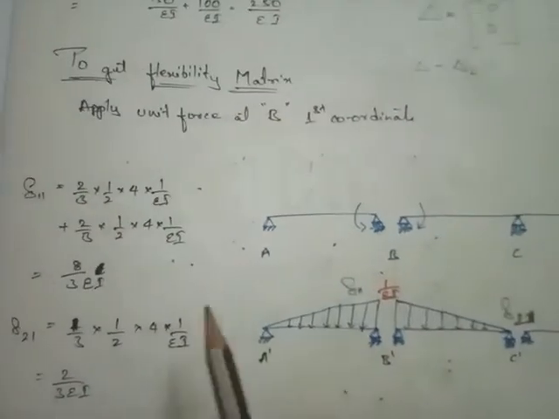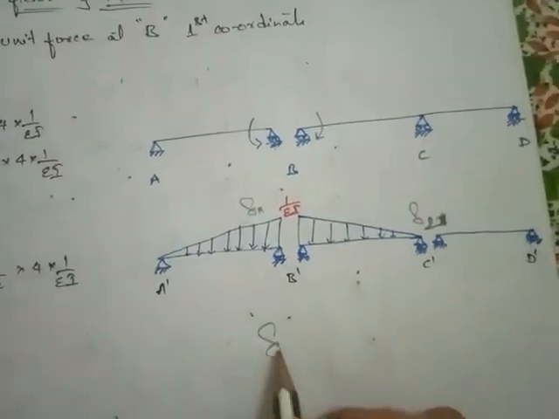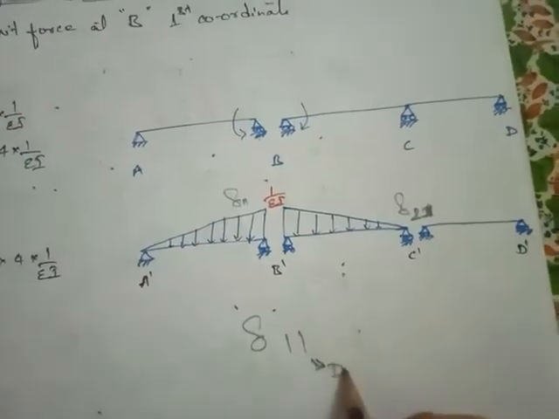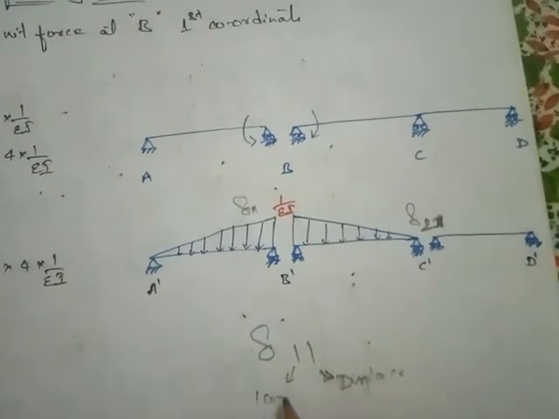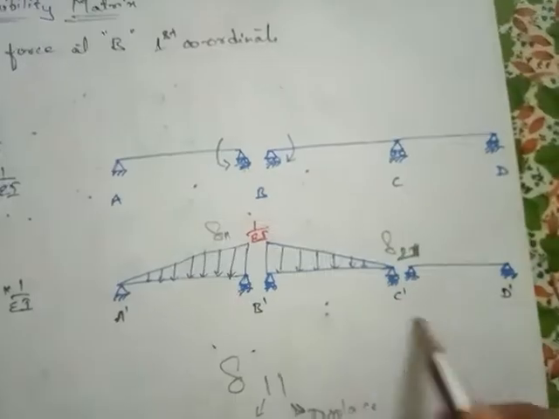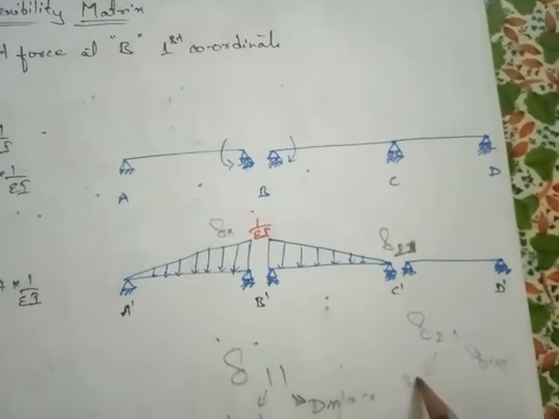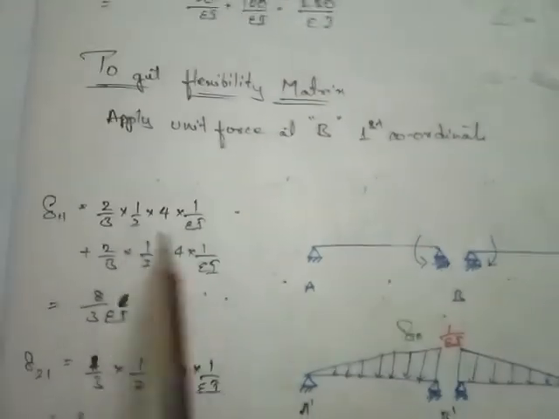This is the first coordinate, and at C you have the second coordinate. With respect to the first coordinate, you will form delta 11 and delta 21. Clearly remember, delta 11 is the displacement taken with respect to the first coordinate, and delta 21 is the displacement at the second coordinate due to the first.